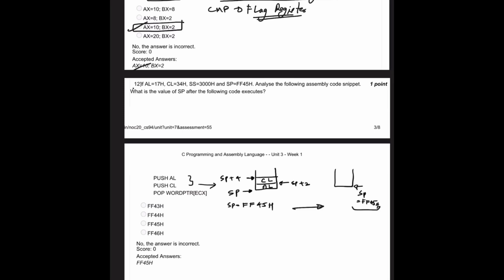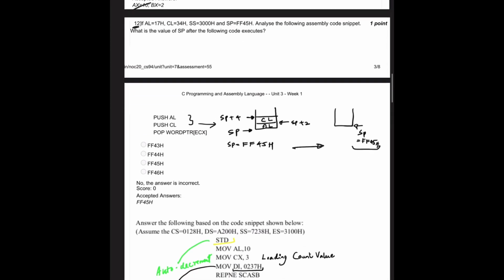Question 12. If AL equal to 17H, CL equal to 34H, analyze the following assembly code snippet. What is the value of SP after the following code executes? So let's go from here.